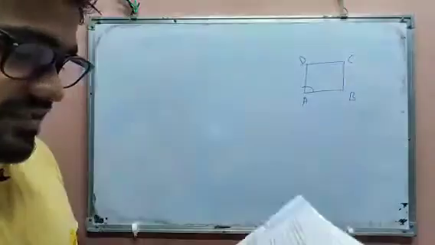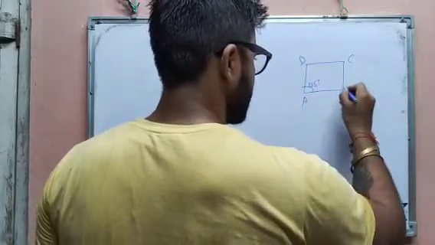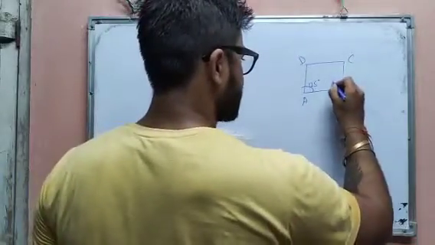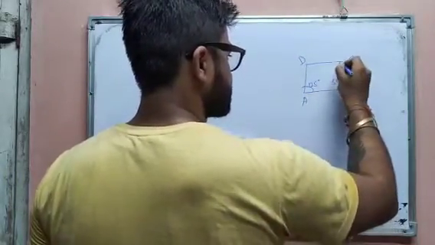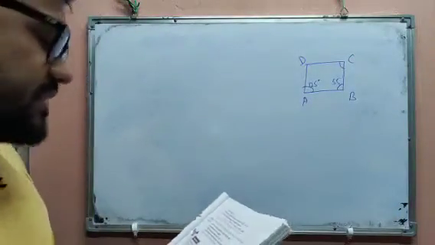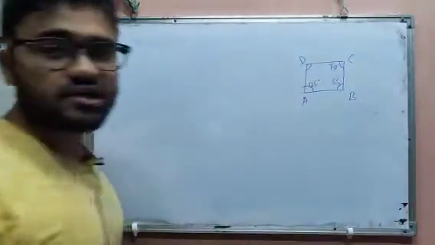Three angles are given. Suppose angle A is 125 degrees, angle B is 55 degrees, and angle C is 70 degrees. We are asked to find the angle D.